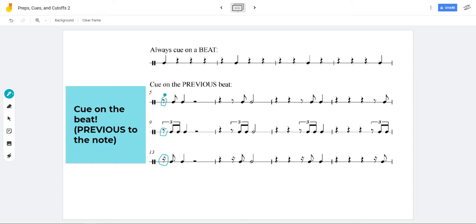This is the and of 1. So anything halfway like this, or closer to the beginning of the beat, is going to be cued on the previous beat. We say previous because the note is here, but the beat is previous to the note.